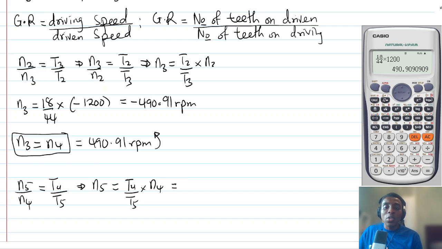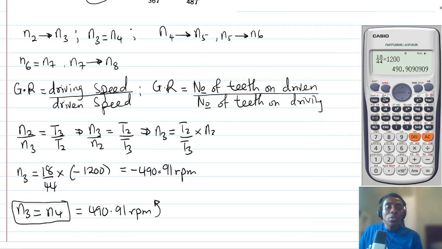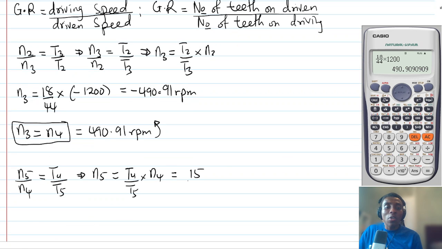What is T4? T4 is 15, okay? And then T5 is 33. So 15 on 33 multiplied by 490.91.